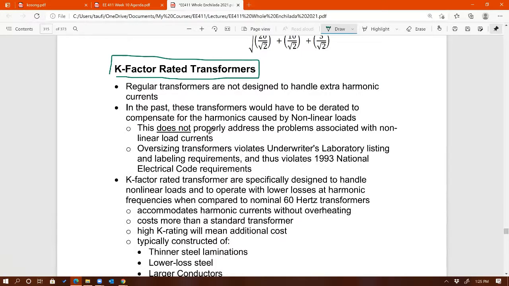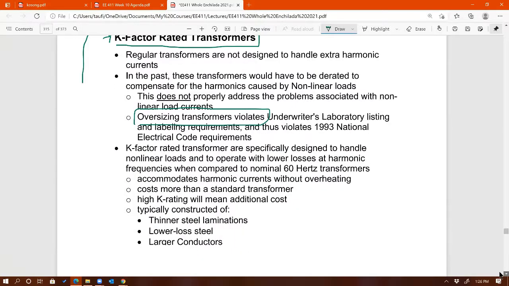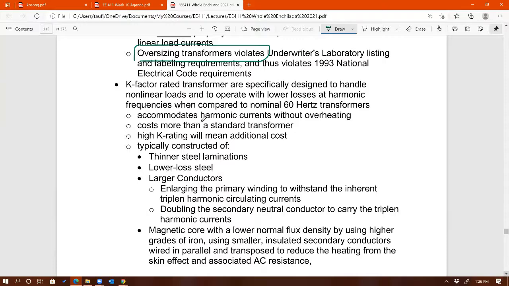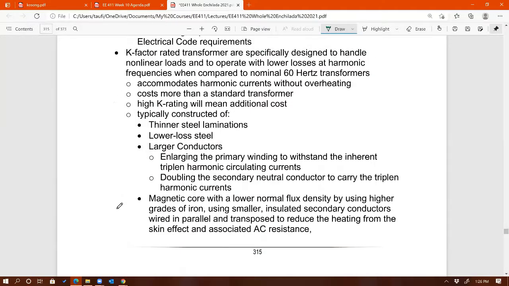Some people also oversize the transformers, which is not a good solution. It violates UL listing requirements and does not properly address the problem. The better way is to replace the transformer with a K factor transformer. Of course, this is going to be expensive because these K factor weighted transformers are specially made to handle harmonics.